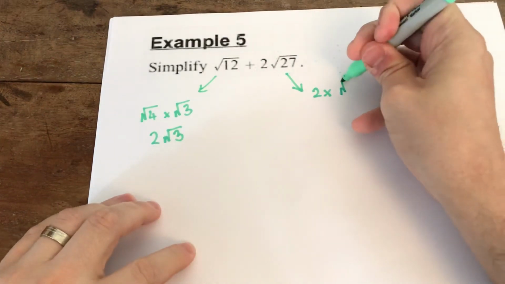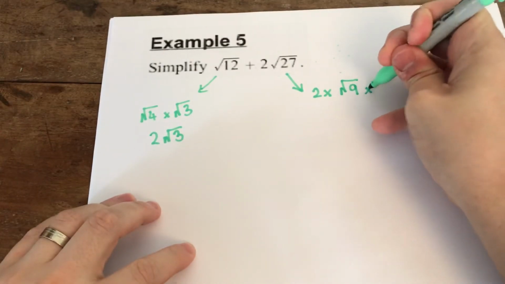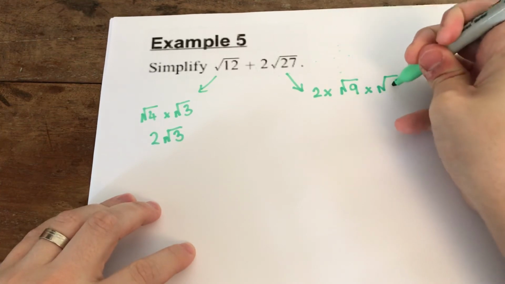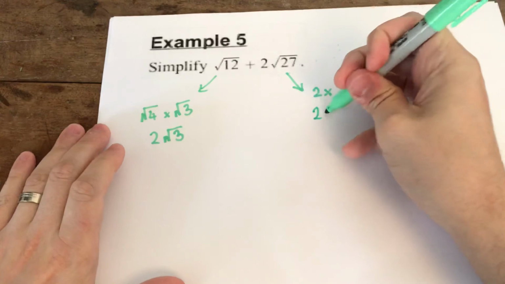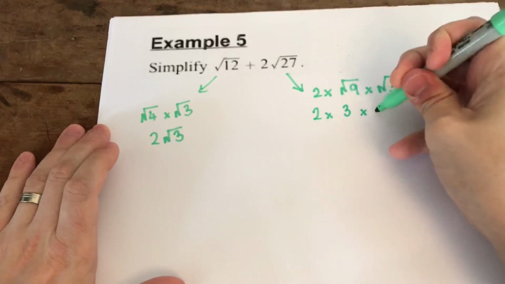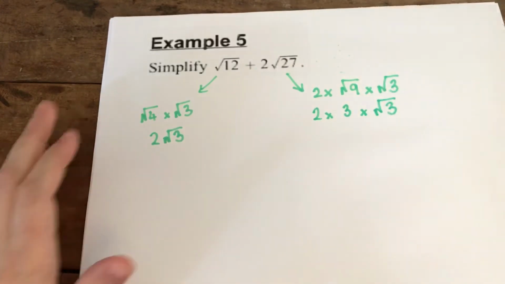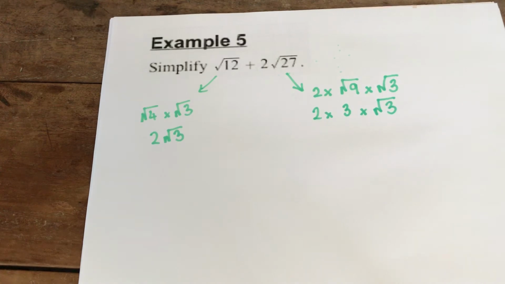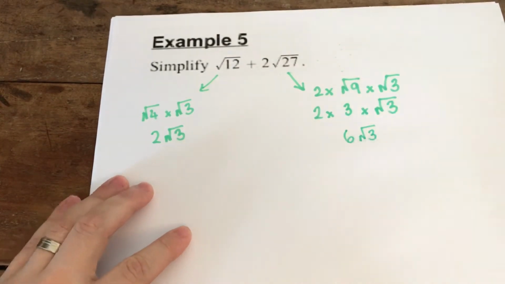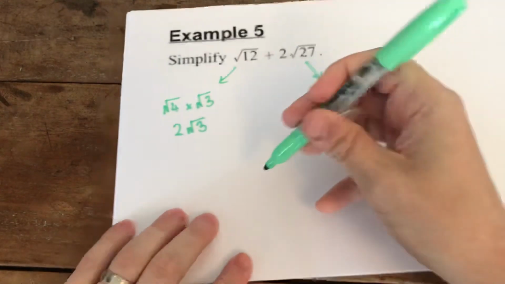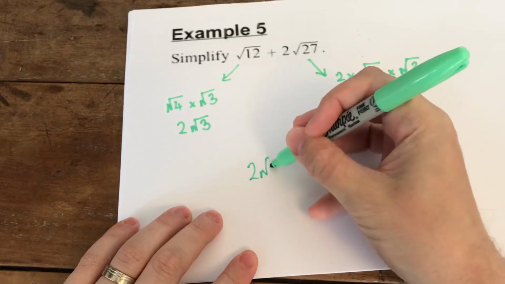It is the square root of 9, and then that is times the square root of 3. We square root our 9 and it gives us 3. Then we go 2 times 3, which gives us 6, and then we write that as 6 root 3.